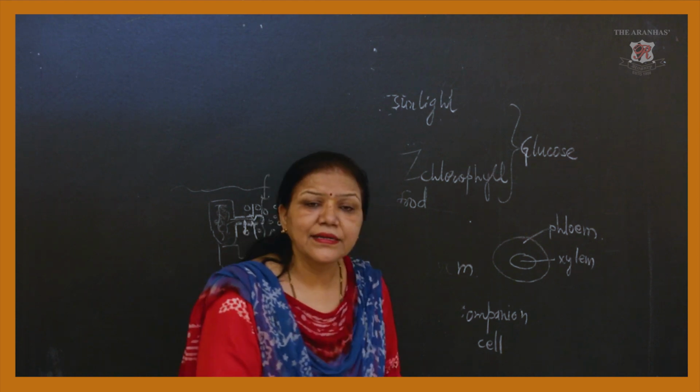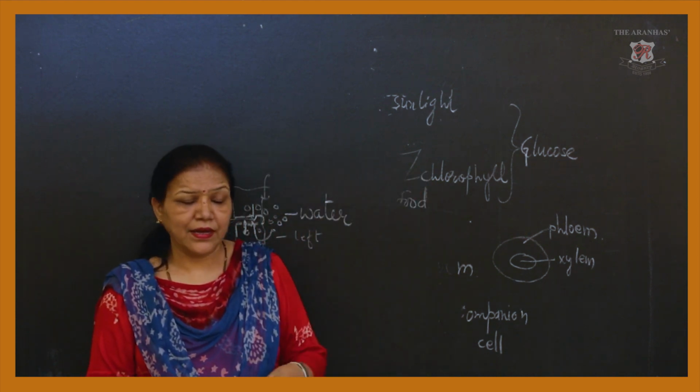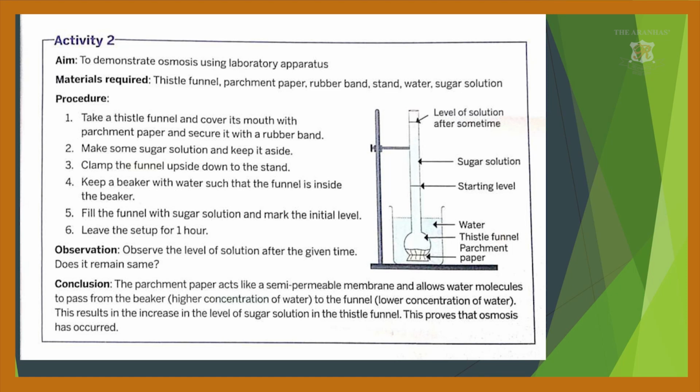Now I have one more activity to show you, a laboratory method. In the laboratory also we can prove that osmosis happens. For that we require some equipment which is generally present in a biology lab.